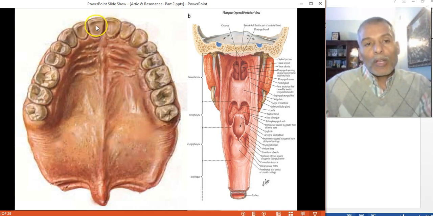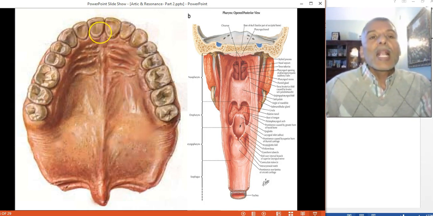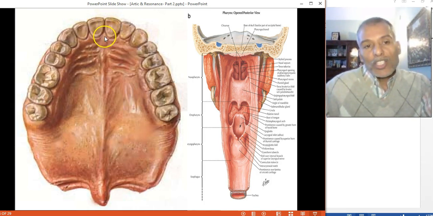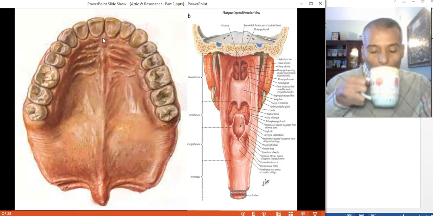So these two front teeth that are broad, and behind them it goes higher a little bit, and you find a little ridge that we know as the alveolar ridge. When you say t or s or d, your tongue tip will touch it, and any sound that involves contact between the tongue and the alveolar ridge, we call alveolar.